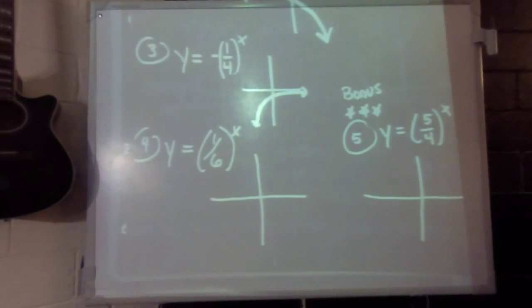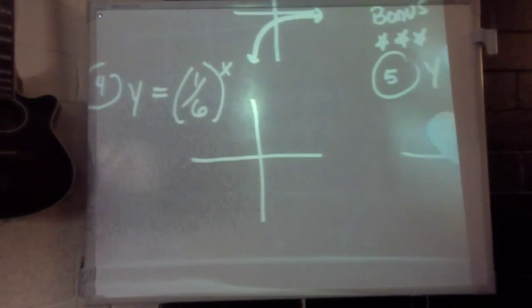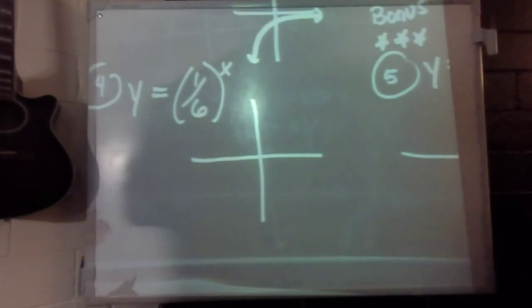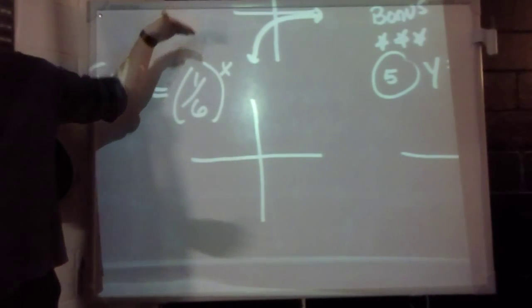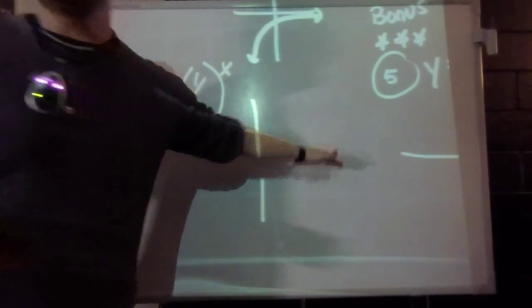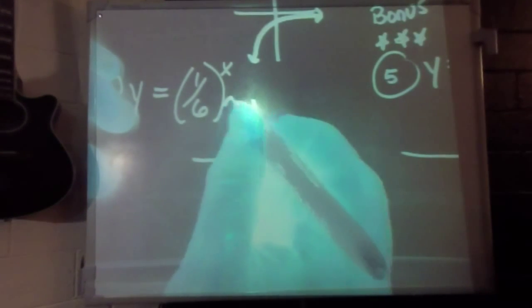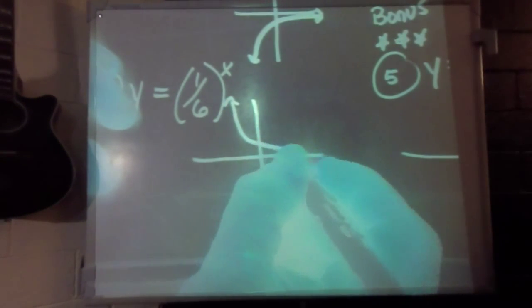And the last one you've got is a regular one, 1/6. If it's a fraction, do I come from low or do I come from high? Come from high, hit the 1, and level out.